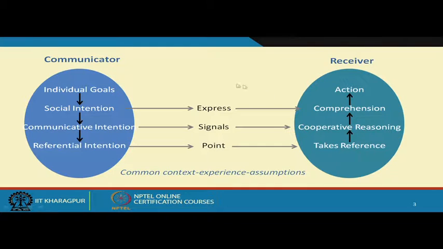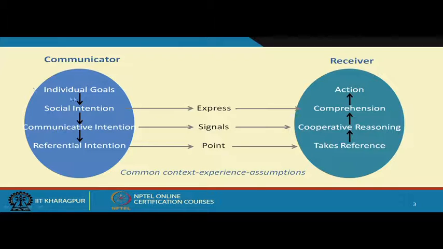So, for effective, efficient communication, this particular model holds very good in terms of human cooperative communication. I will summarize what I have discussed so far in this diagram in a particular order.